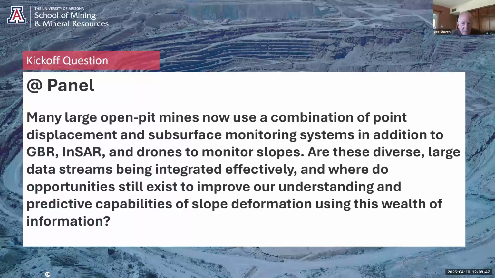Just a couple of comments on this one: we do have excellent instruments and sensors to monitor slope stability in particular. The technology is very good, and the services are also excellent for presenting data and helping us practitioners interpret the results of monitoring.